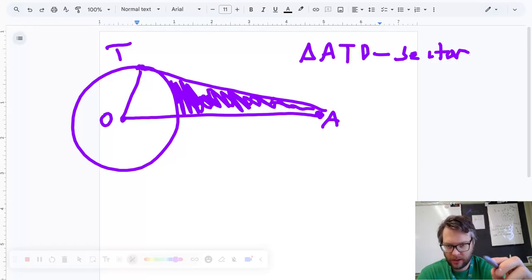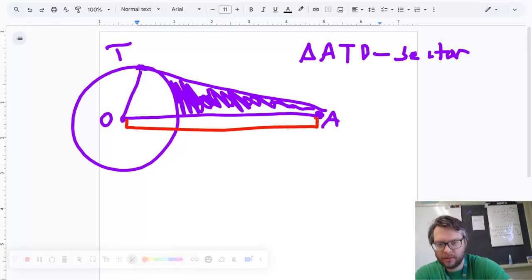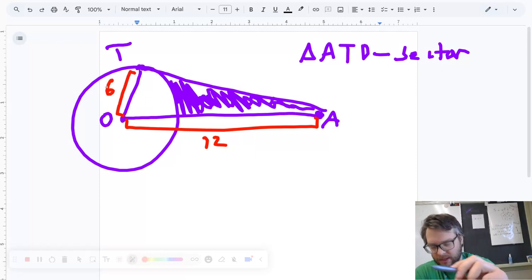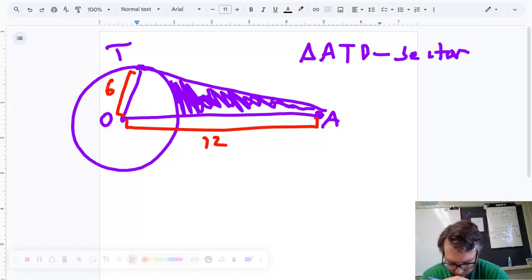Okay? So here's what we were told. We were told that OA is 12, and we were told that the radius of the circle is 6. Okay, so we want to know some different angles here.